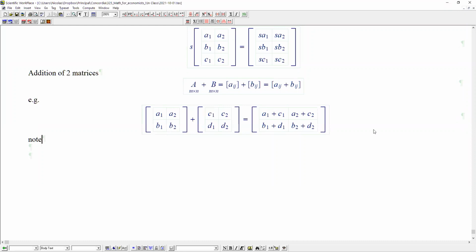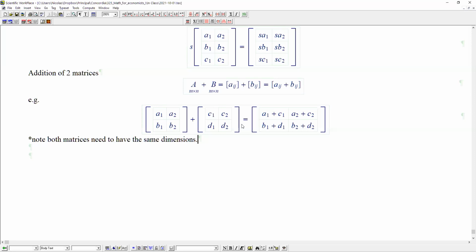Note, very important, both matrices need to have the same dimensions. Otherwise, it doesn't work. If I have a 3x2 plus a 2x2, it doesn't give you anything. You cannot do the plus operation.